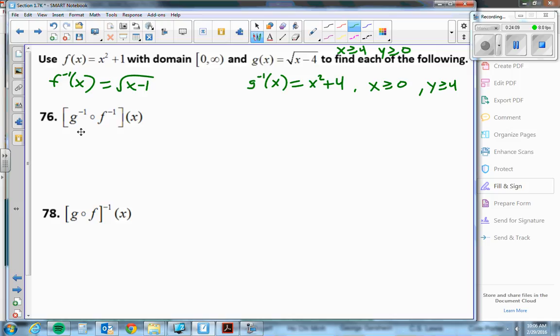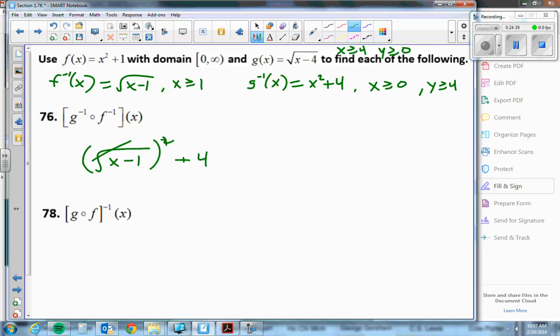So we're supposed to compose these two functions. And that's what it says to do, right? So we're doing g of f. So there's the f inverse inside of g. And by the way, just for the record, you don't need to write it, but the domain is everything greater than or equal to 1.